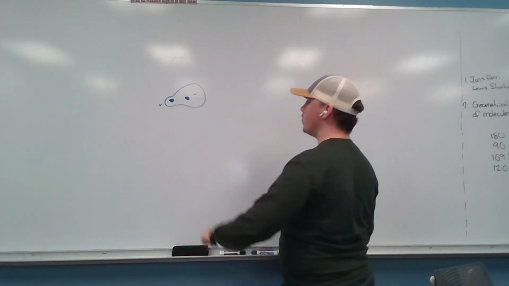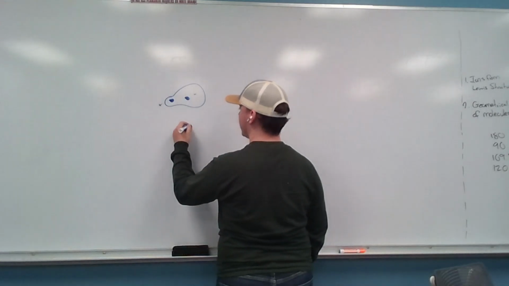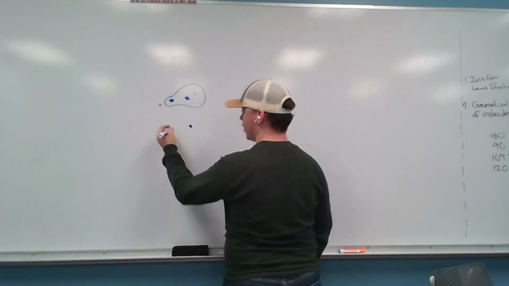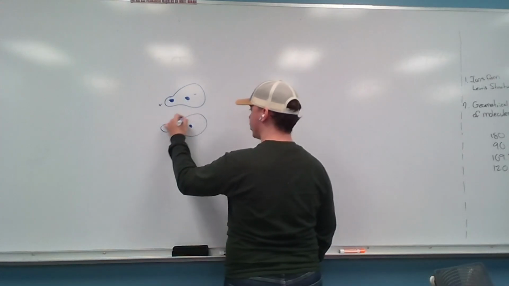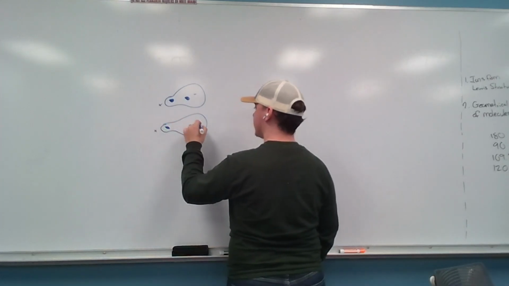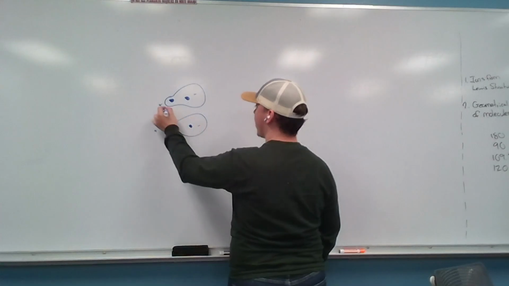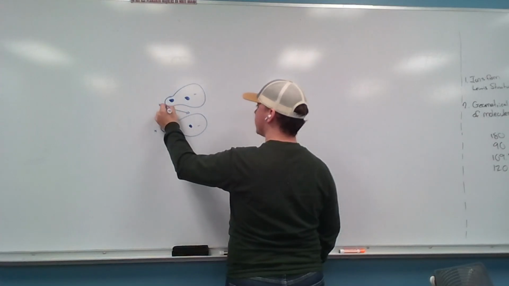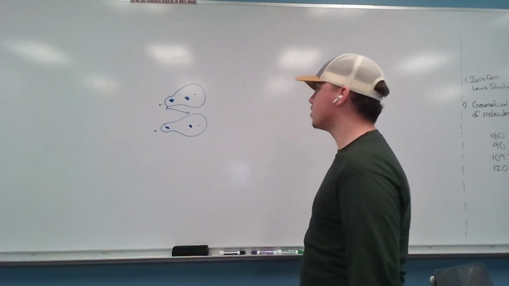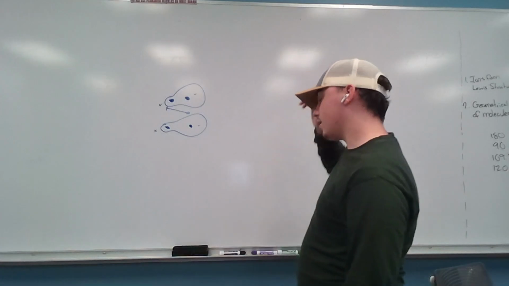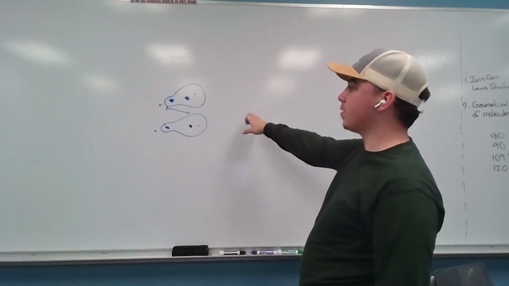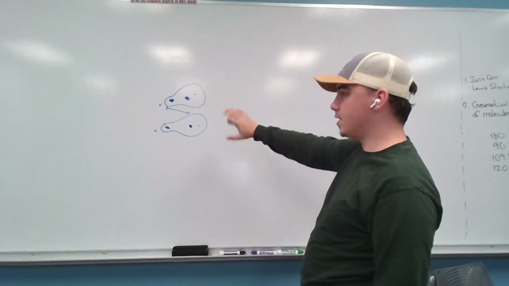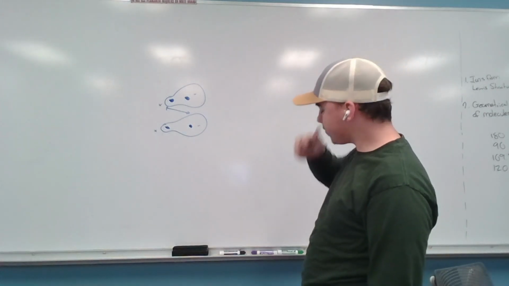Now, if you have two of these together, what is going to happen? Well, remember that opposites attract, so the negative side will pull itself towards the positive side, the one that has less. It's as simple as that. When they're different, the different ends are going to attract each other.